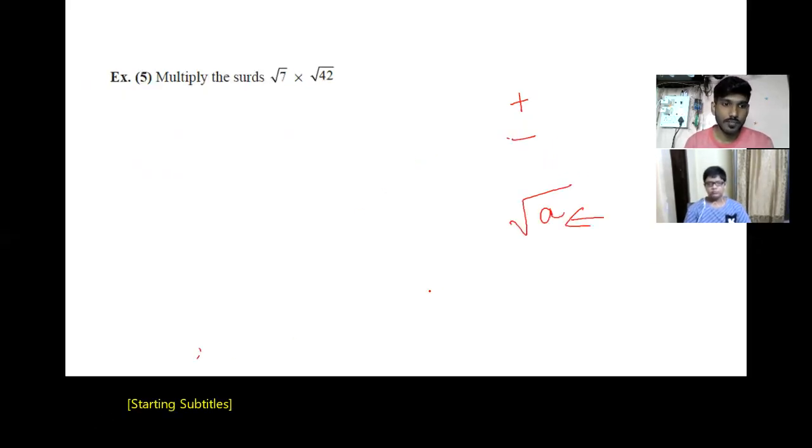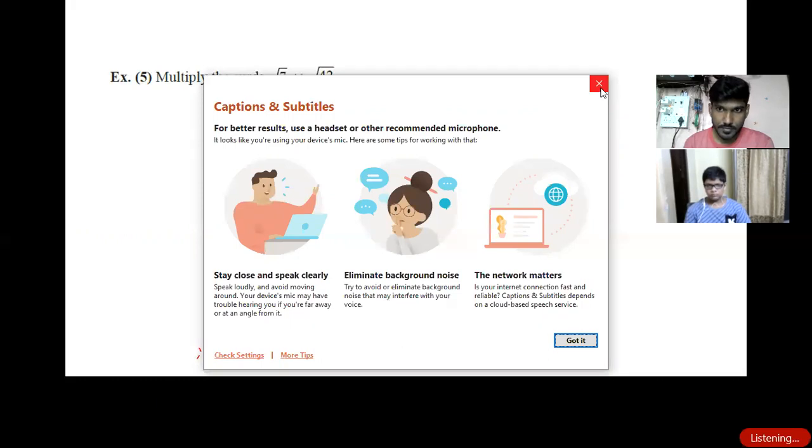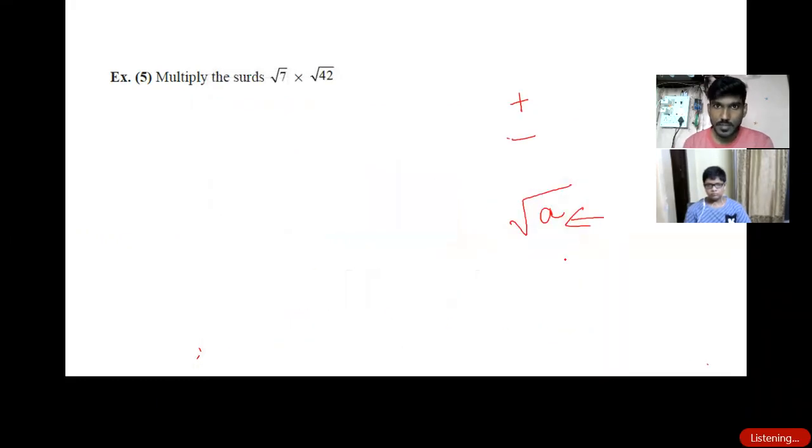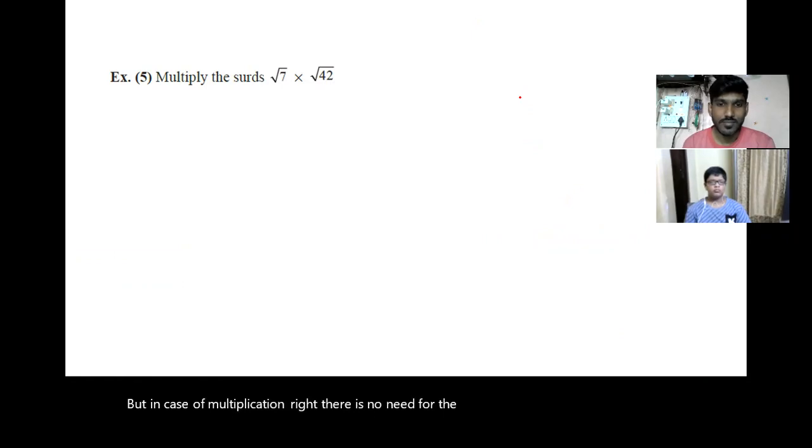But in case of multiplication, there is no need for the radicand to be the same. Radicands can be different also.